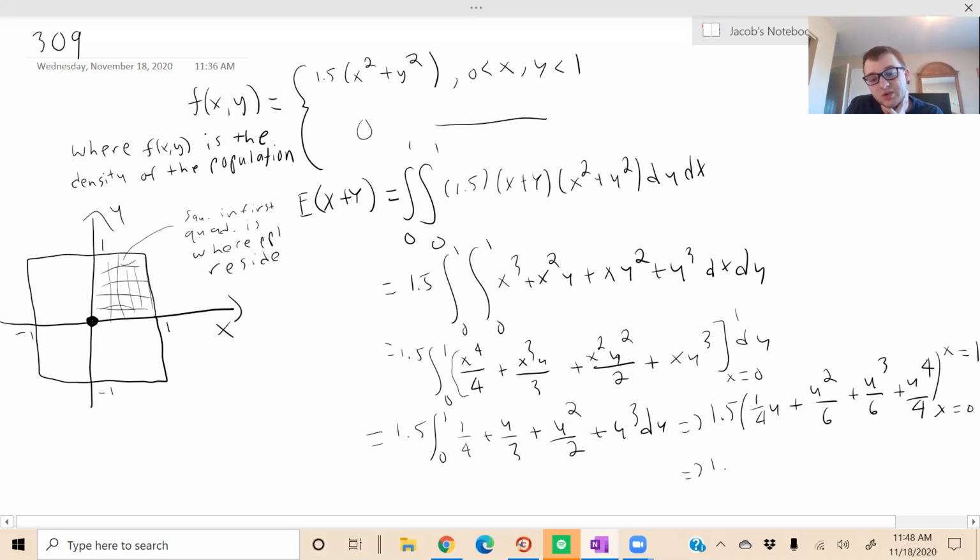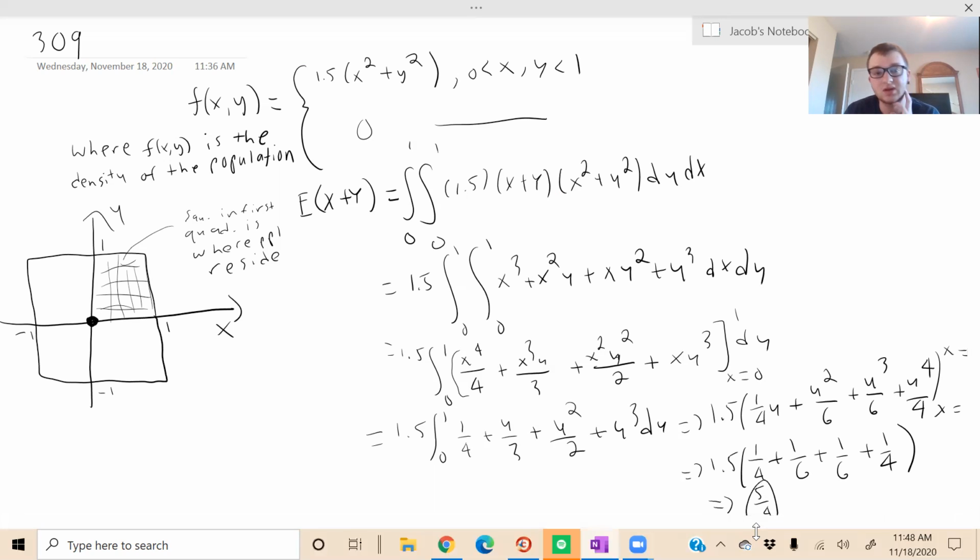So finally, your answer is going to be 1.5 times 1/4 plus 1/6 plus 1/6 plus 1/4. If you plug this in your calculator, you get 5/4. And that's your answer.